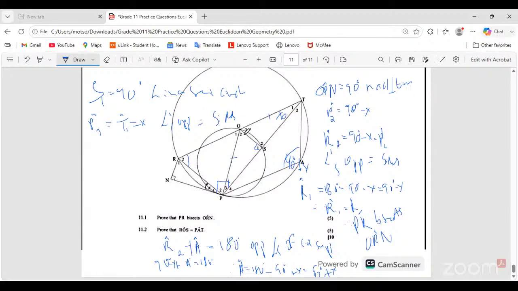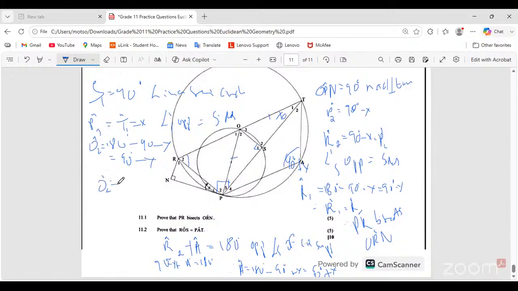Now we want this angle O2. O2 will be equal to 180 degrees minus this 90 minus x. It gives me 90 degrees minus x. Now let us come and look for this one.